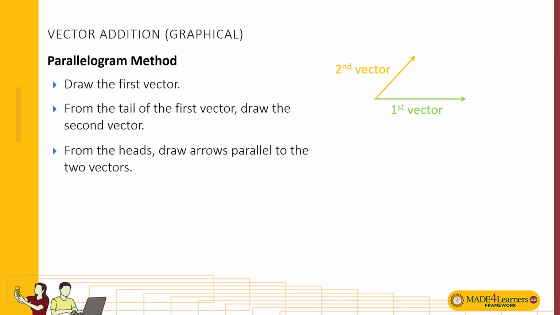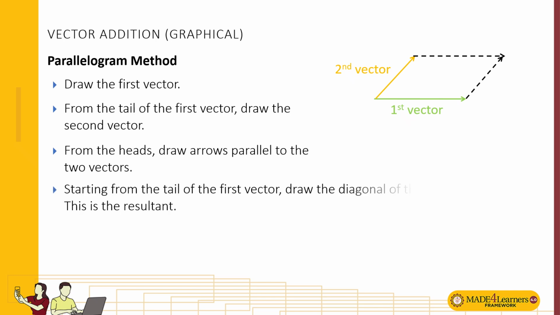And then, from the term parallelogram, you need to draw a parallelogram. From the heads of these arrows, you draw arrows parallel to them. That is the arrow parallel to the green arrow, and the second one is for the yellow arrow. And then the resultant would be the arrow that we draw from the common point where the tails are found, towards the intersection of the two heads of the extensions.